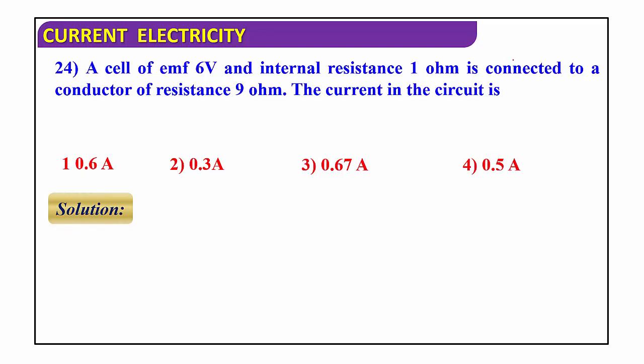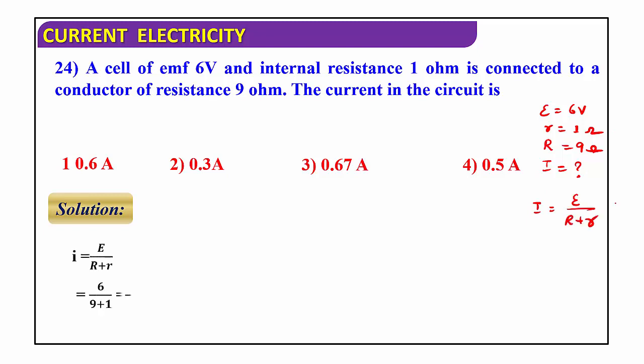A cell of EMF is given 6 volt, internal resistance is 1 ohm, connected to the conductor of resistance 9 ohm, and current in the circuit is, direct equation here. So I equal to, you can utilize this equation, E divided by R plus r, right? Very easiest question, substitution directly, you will get the answer 0.6 ampere.